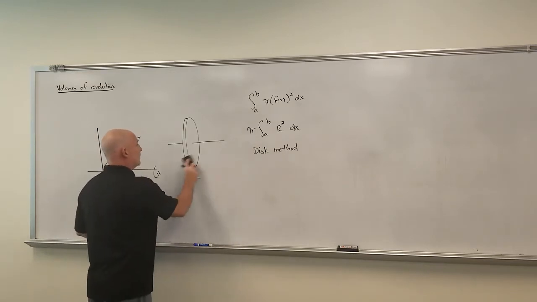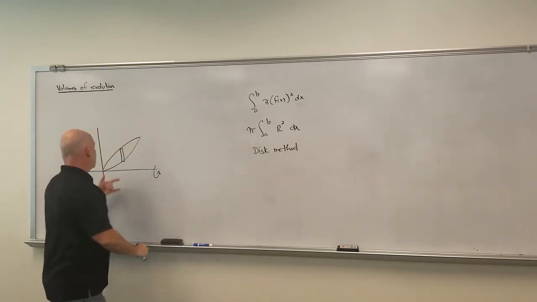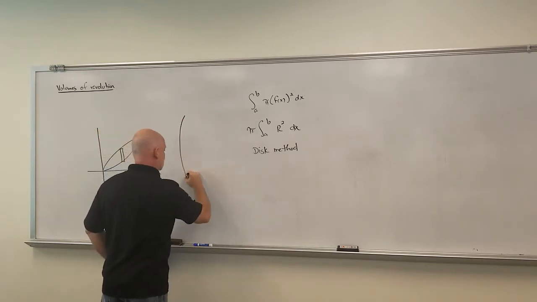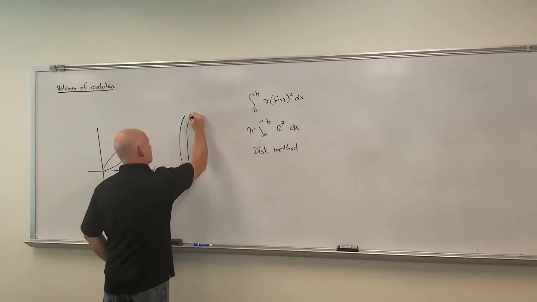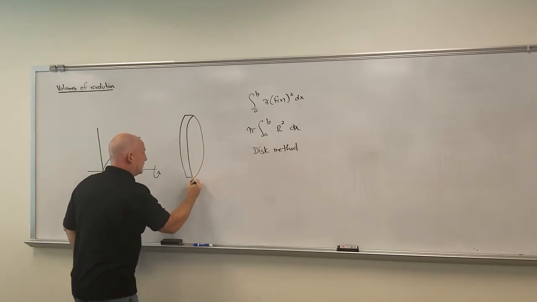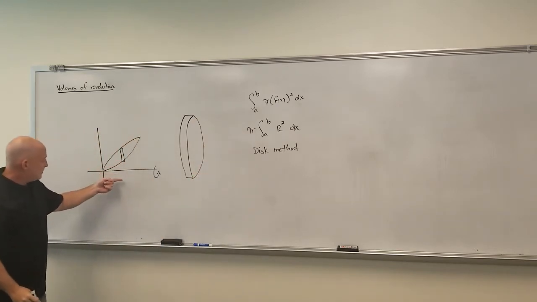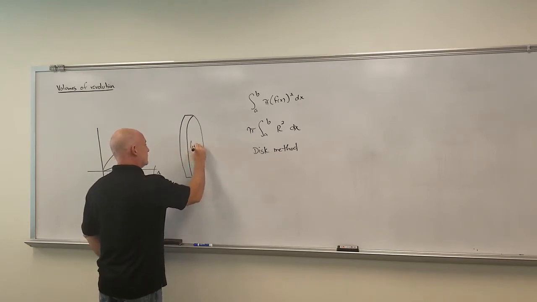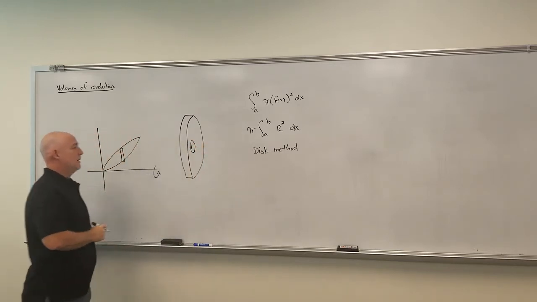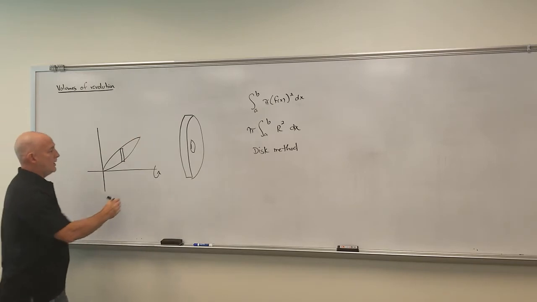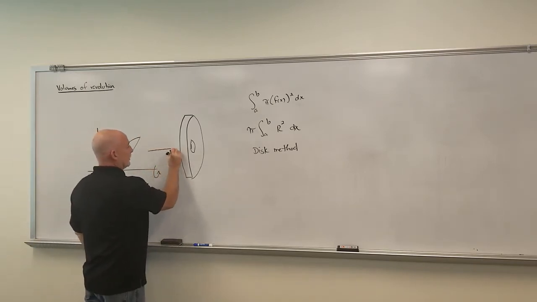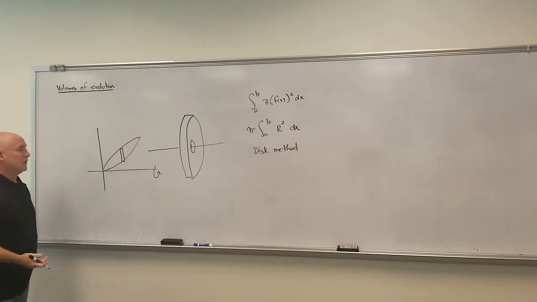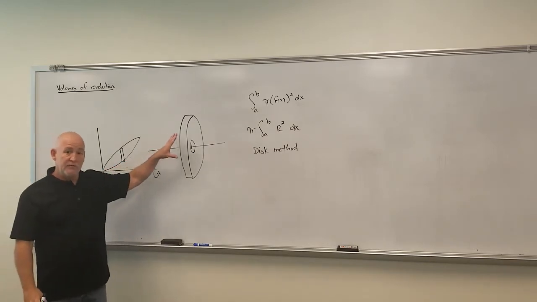Well, the outside is still going to give you this disc shape, but you're also going to have a hole in the middle. Remember, our axis runs through this, so it goes that way and then out that side. So my question is, what's the volume of this?